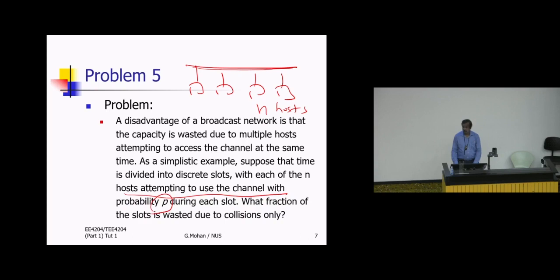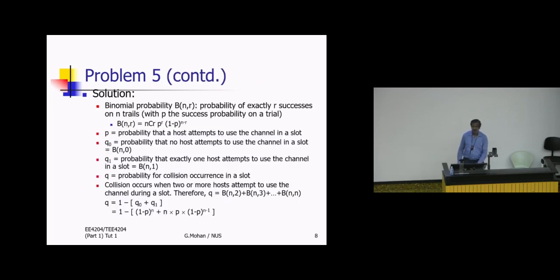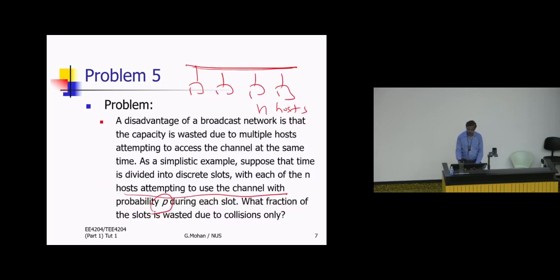Let's say more than one, that means there is a probability that 2 people are trying to transmit at the same time. It has some probability associated with that. Similarly, there's a probability that 3 are trying to transmit, 4 are trying to transmit. So the question here is, what fraction of the slots is wasted due to collision?